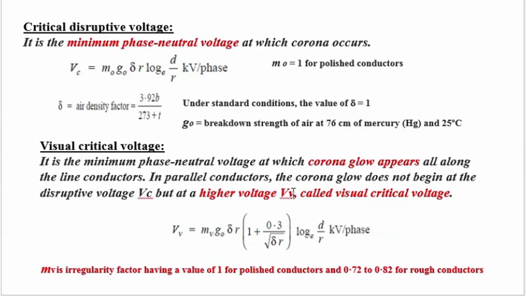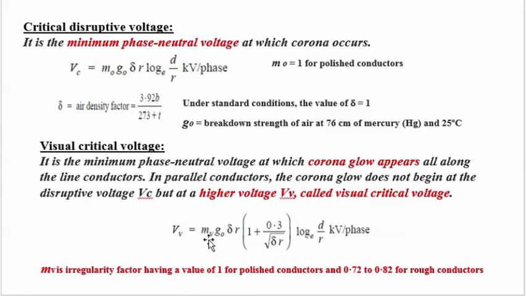The mathematical equation for visual theoretical voltage is VV equals mv g naught sigma r (1 + 0.3 / sqrt(sigma r)) log of d over r. All the parameters are the same as theoretical disruptive voltage.